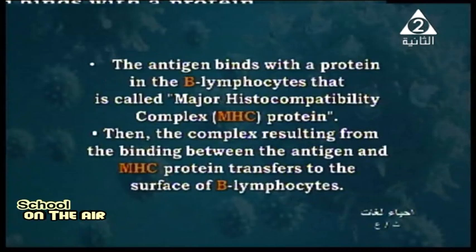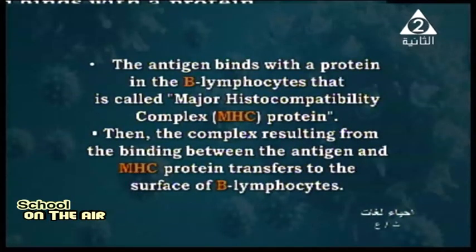The antigen binds with a protein in the B lymphocyte called the major histocompatibility complex, known as MHC. This is the type of protein that, when the complex resulting from binding between the antigen and the protein forms, is transferred to the surface of the B lymphocyte.